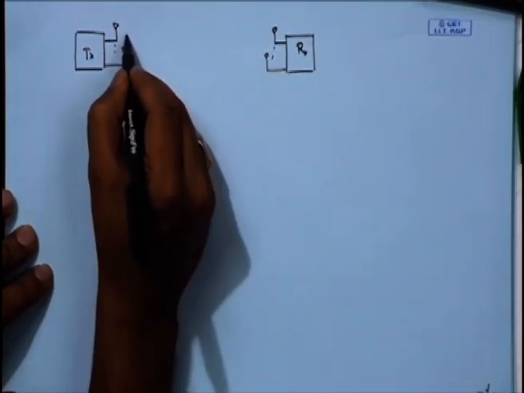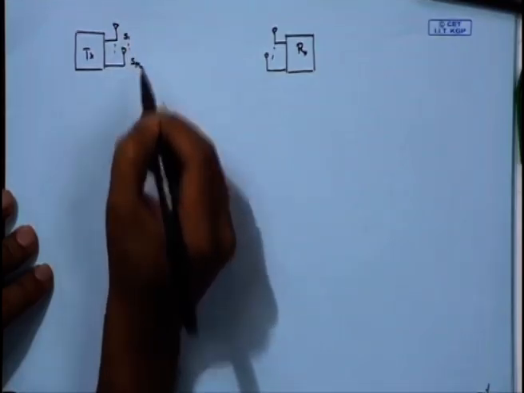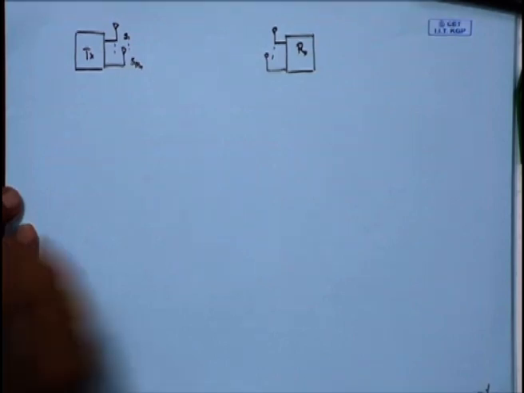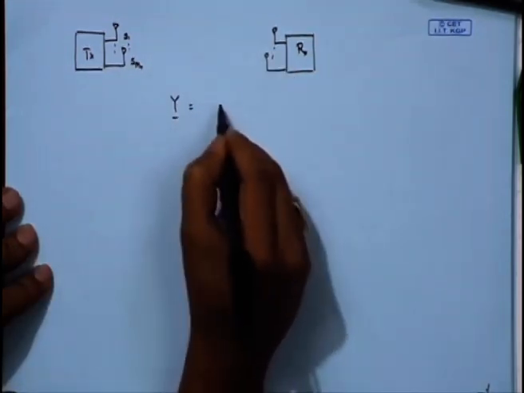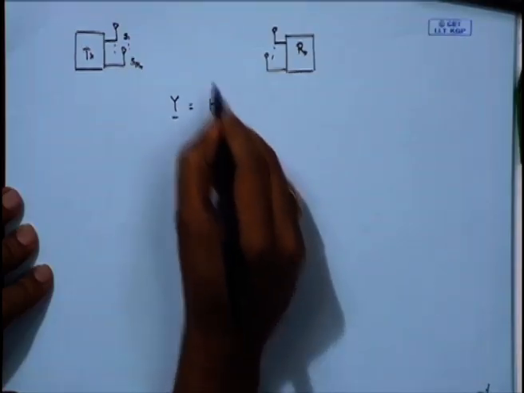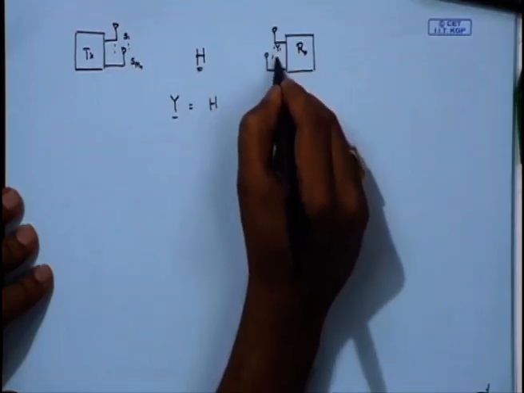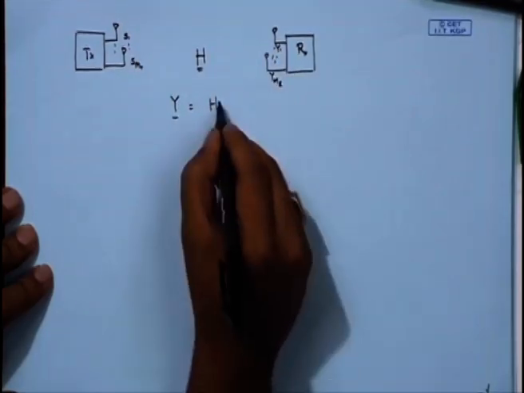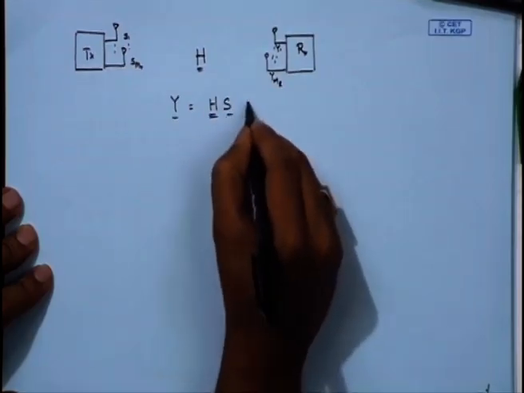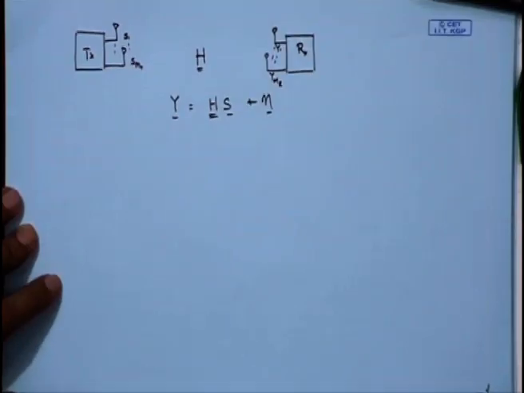In that case there would be signal S1 up to S_MT that gets transmitted, and the received signal Y vector, Y1 up to Y_MR, would be H, the matrix channel which lies between the transmitter and the receiver, times S plus the noise vector. This is the expression that is received.